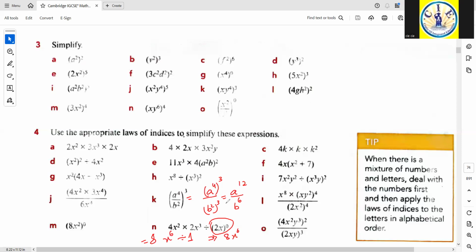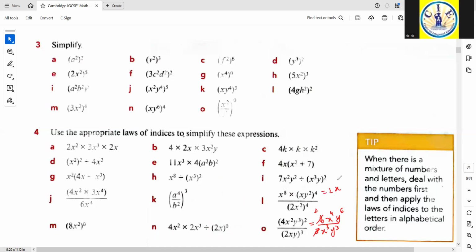And finally for this will be 16x4 y 3 2s are 6 and divided by 2 raised to power 3 is 8x cubed y cubed, which will give me 2x raised to power 4 minus 3, that is 1, and then y raised to power 6 minus 3, that is y cubed. So 2xy cubed, that is its answer. So that completes the exercise.